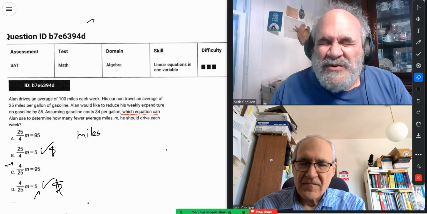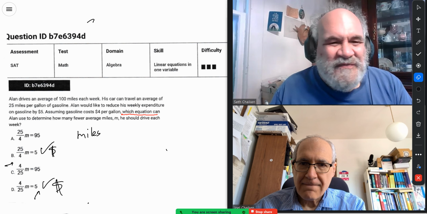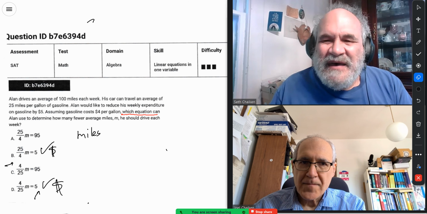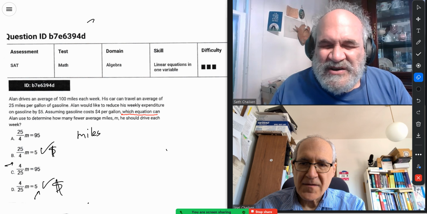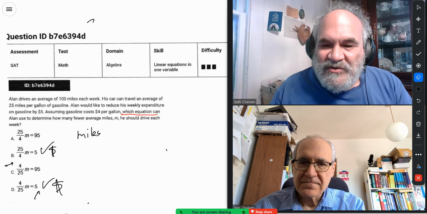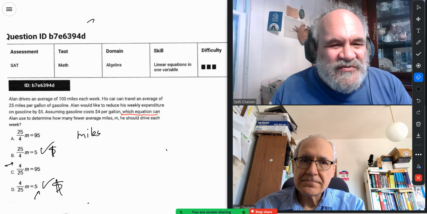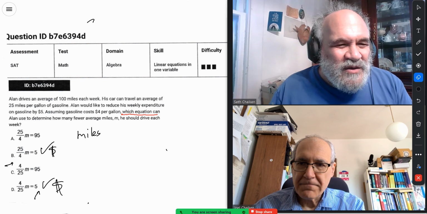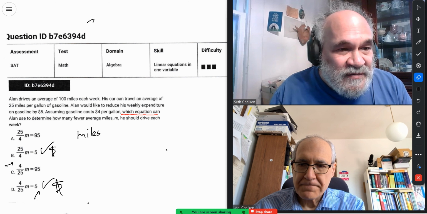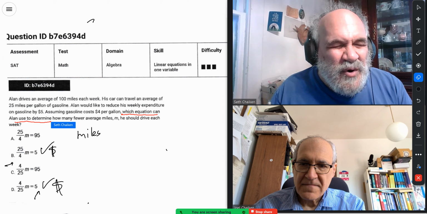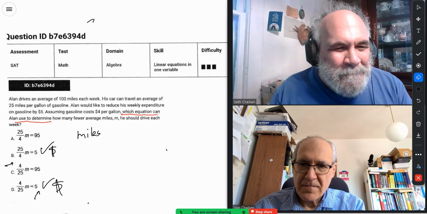Another approach is to find M and then pick the equation that corresponds to the calculation for finding M. So my feeling is to first try to see what's happening with M, because the equation is used to determine M. So let's see what we have to do to determine M.